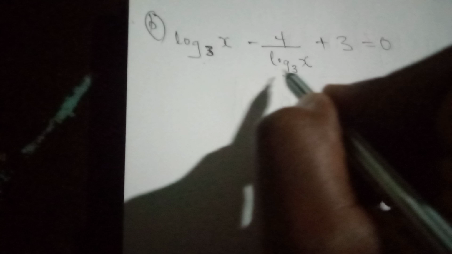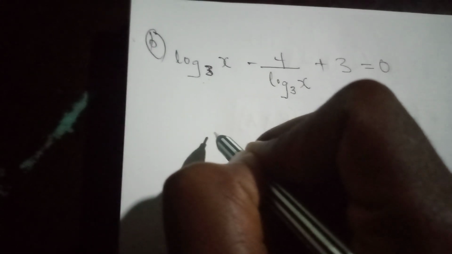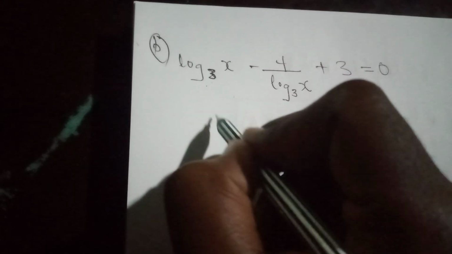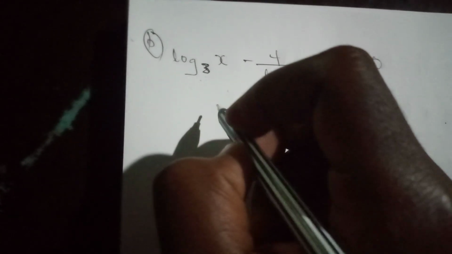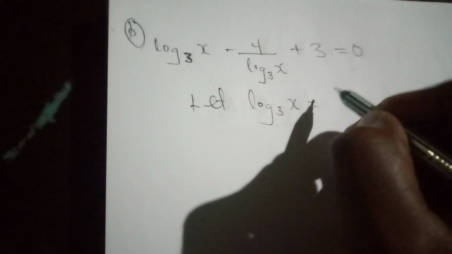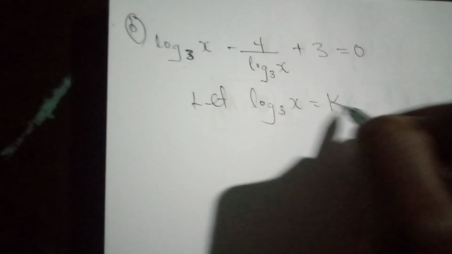Since the bases are the same, it's just the issue now of letting. If you have observed they are the same, just let log base 3 of x be any letter of your choice. In this case, I'll use k.